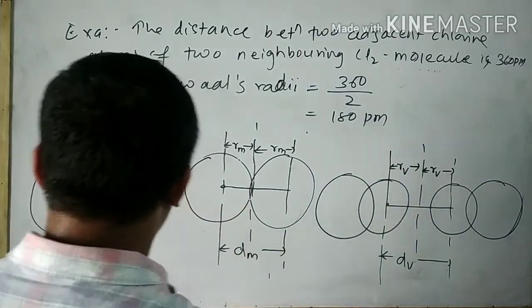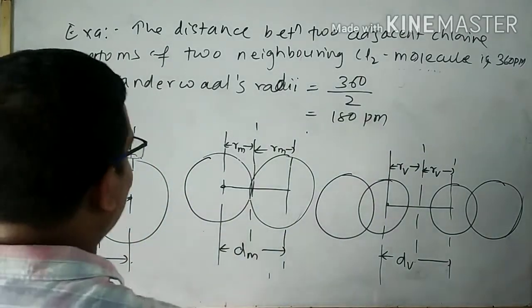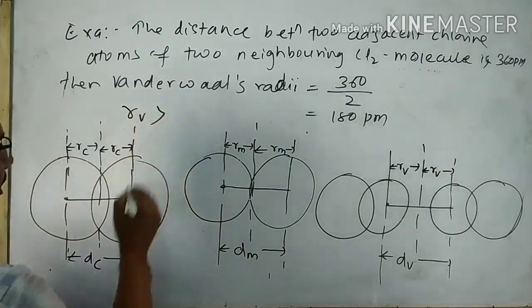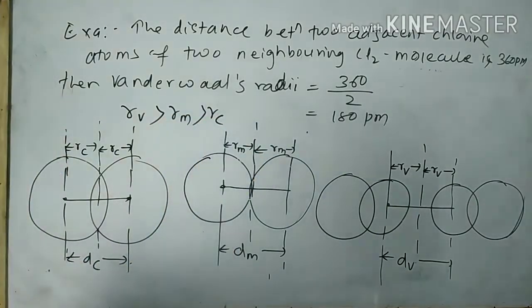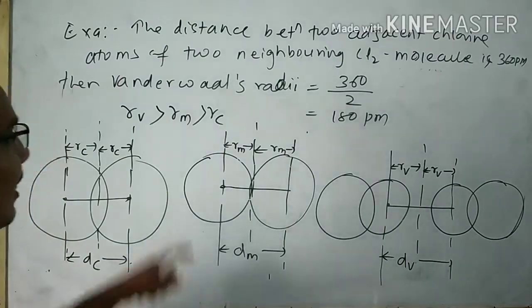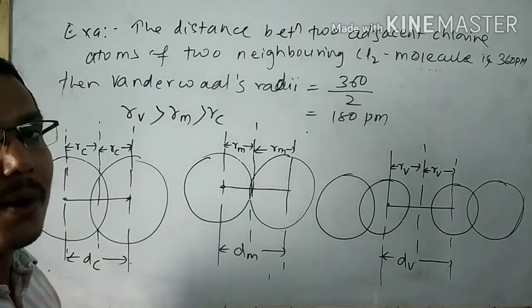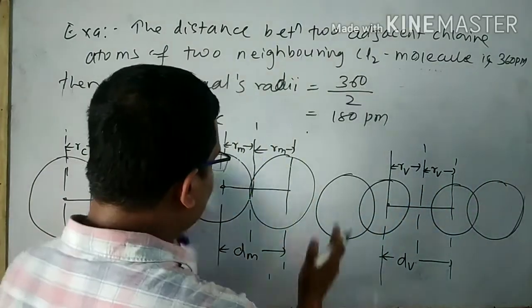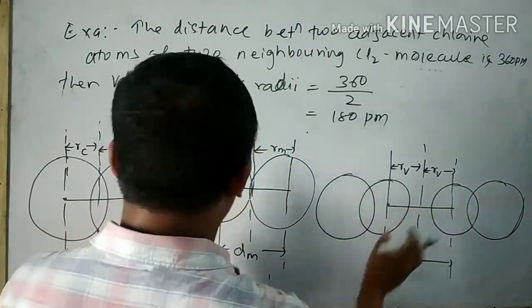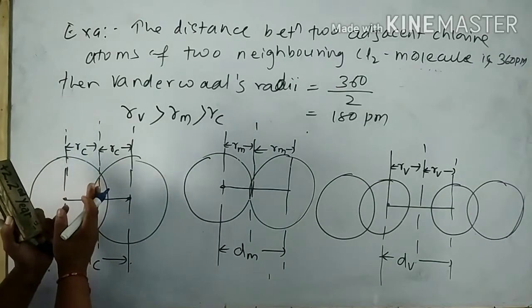From this discussion, it is clear that Rv is greater than Rm, which is greater than Rc. That means van der Waals radii are greater than metallic radii, which are greater than covalent radii. Look at that, there is a large distance. This is slightly closer as compared to this. This is even closer.